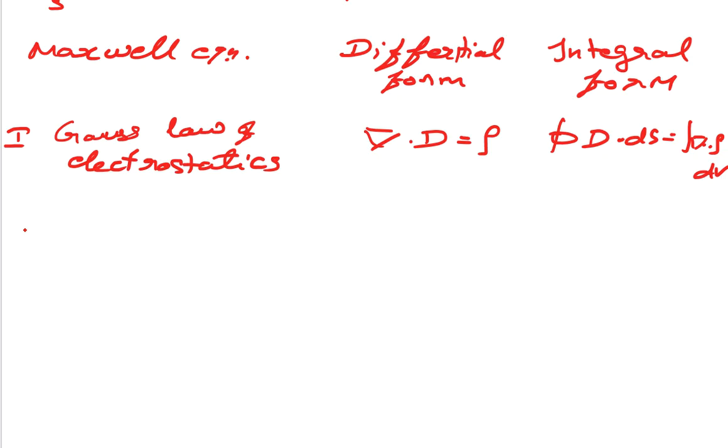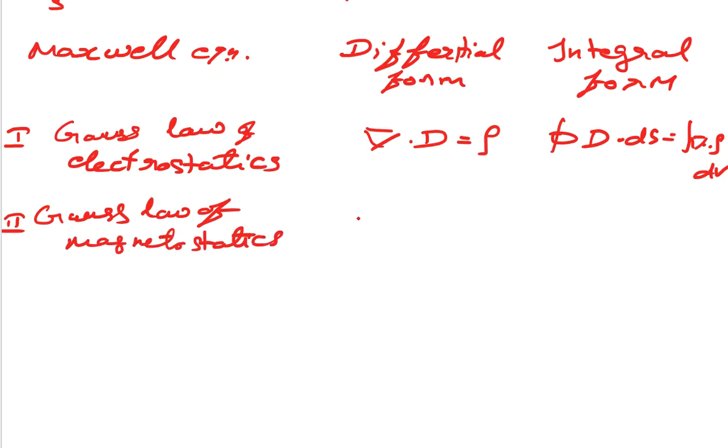The second equation he derived from Gauss law of magnetostatics. In this, del dot B equal to 0, and the integral form of this equation is the integral of B dot ds equal to 0.